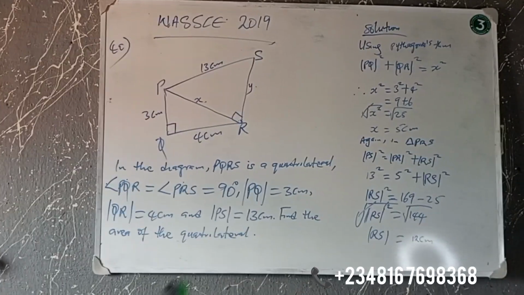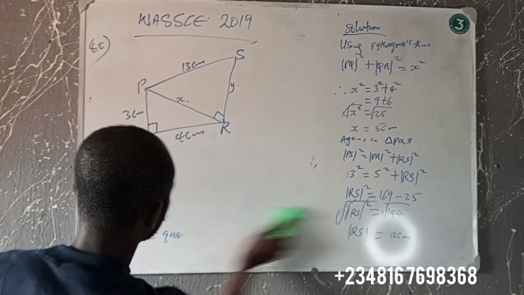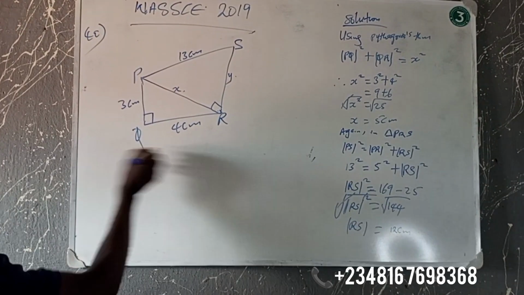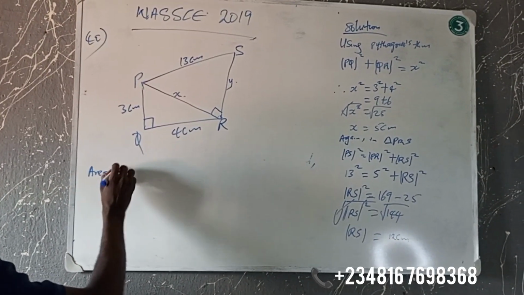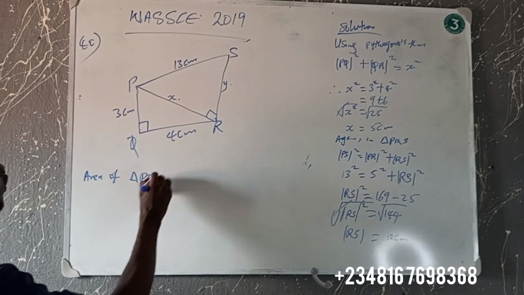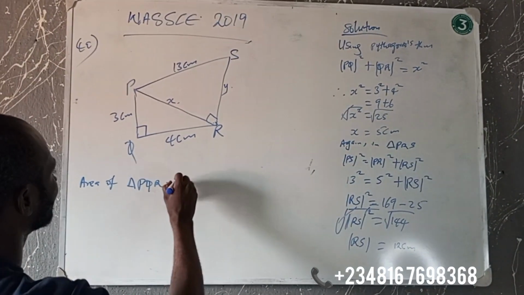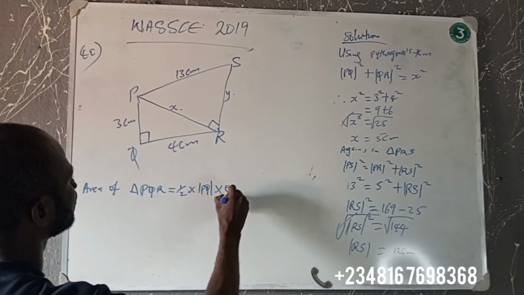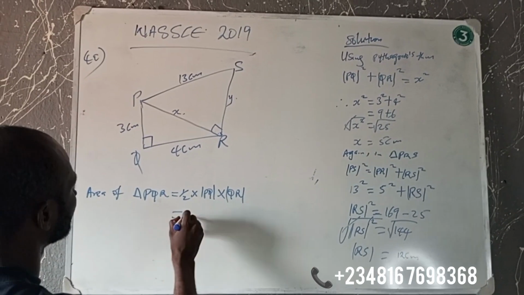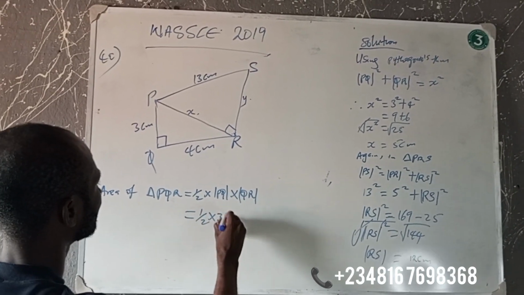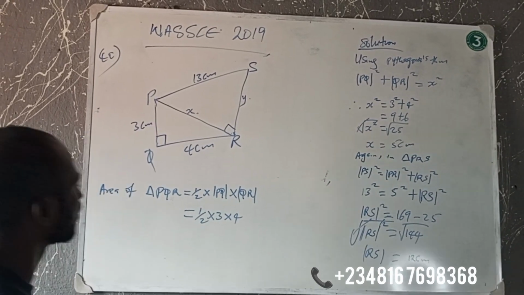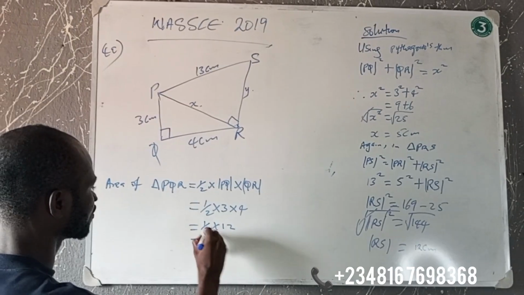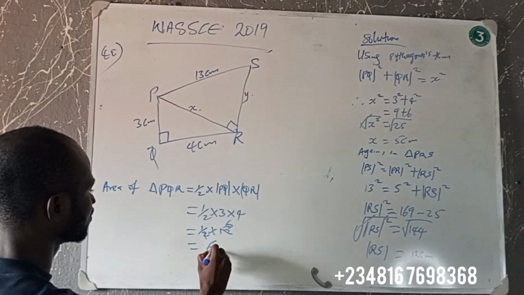Which implies that the area of triangle PQR equals half times PQ times QR, which is half times 3 times 4. That gives me half times 12, which is 6 cm squared.